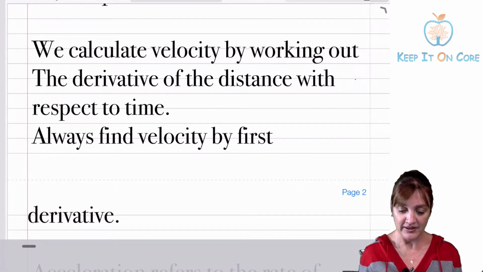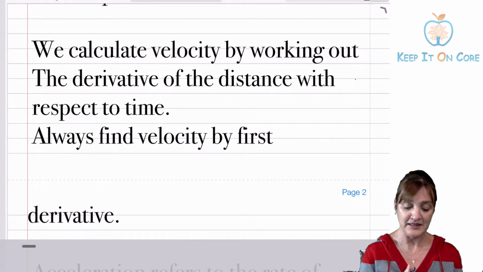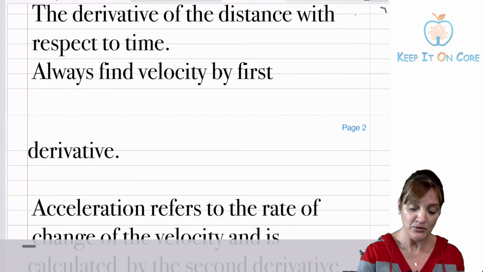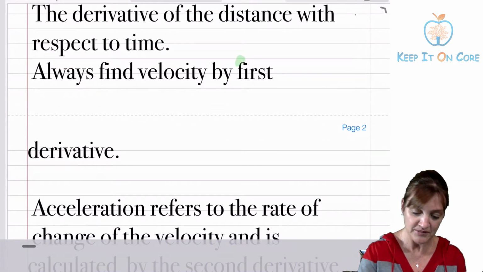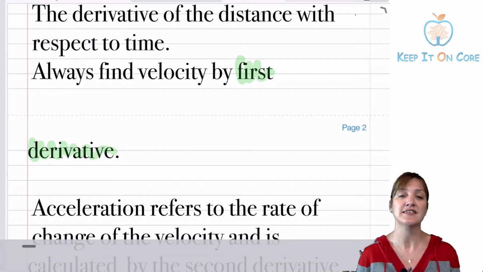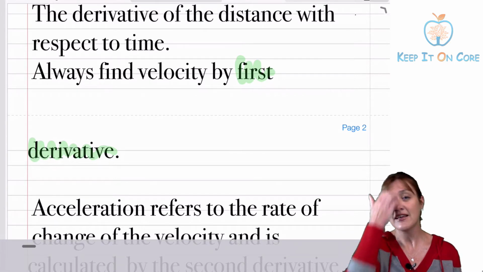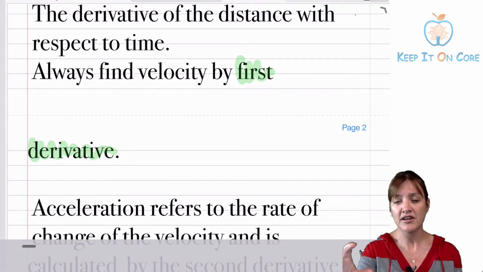We calculate velocity by working out the derivative of the distance with respect to the time, and it's always by your first derivative. So just make a note of that for yourself, because I think the words can probably be more difficult than the actual understanding once you work it out. But just remember, if they want the velocity of something, you need to work with your first derivative.